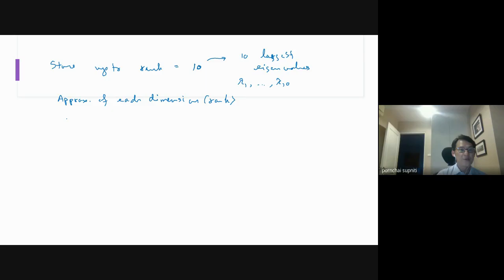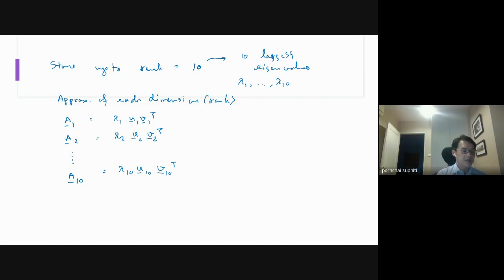We can write it like this: A1 is lambda 1 U1 V1 transpose. A2 is lambda 2 U2 V2 transpose, and so on, until A10, which is lambda 10 U10 V10 transpose.